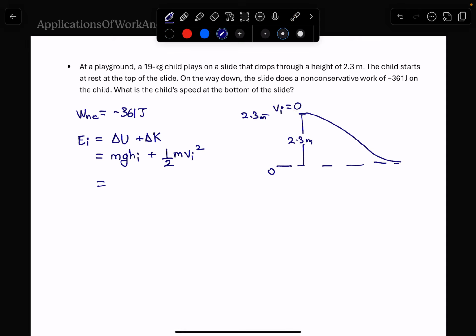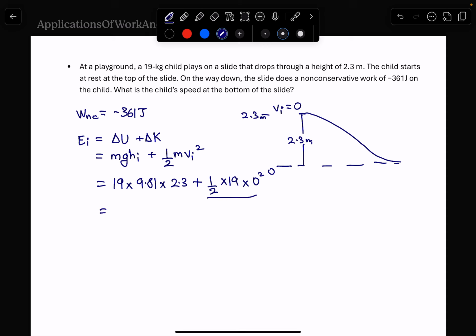So that would make this 19 kg child times 9.81 is gravitational acceleration, and the height is 2.3. Half times 19 times initial velocity, which is 0, squared.